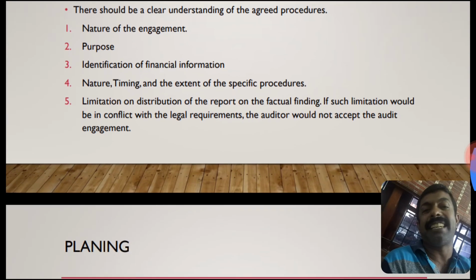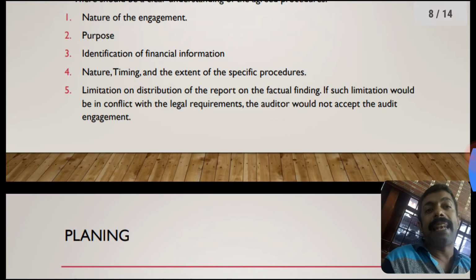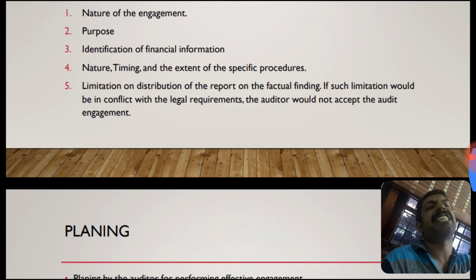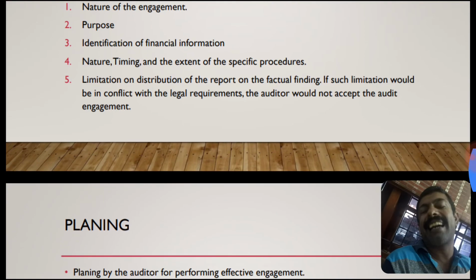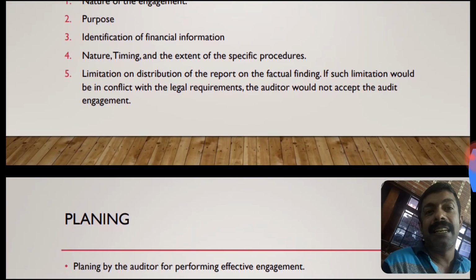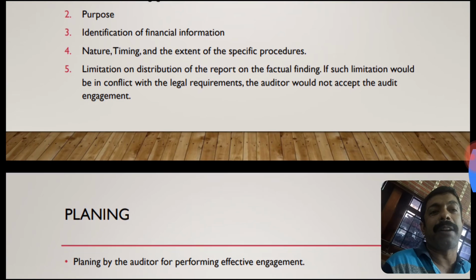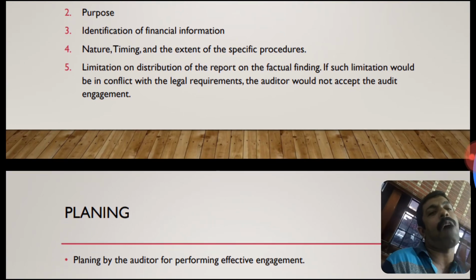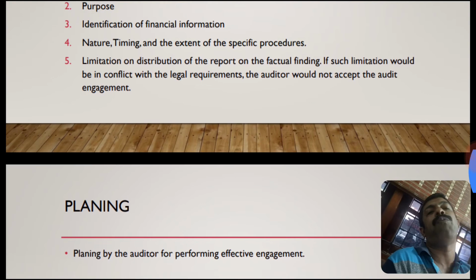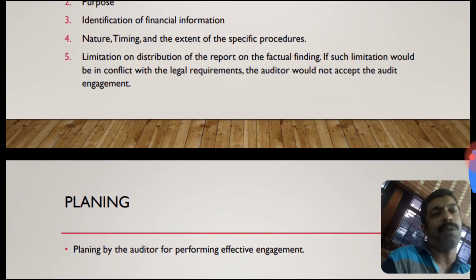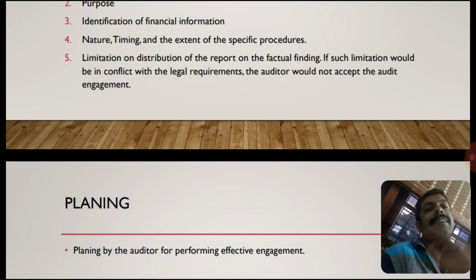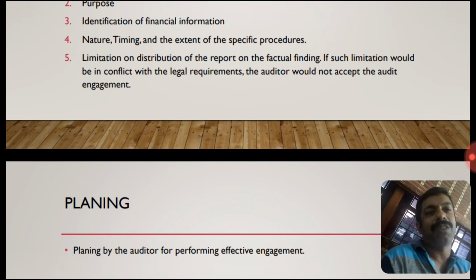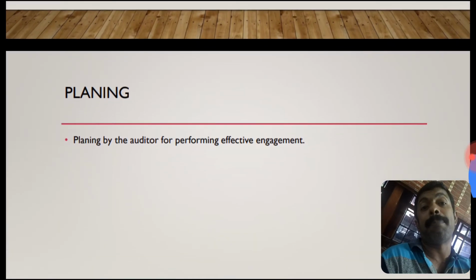Identification of financial information, nature, timing and extent of specific procedures to identify and check the information of the franchisee person, limitations on distribution of the reports on the factual findings, what is the reality, what is found, and that report is circulated among the client and the third party. So there is a restriction on use of the report. It's not a general public report.